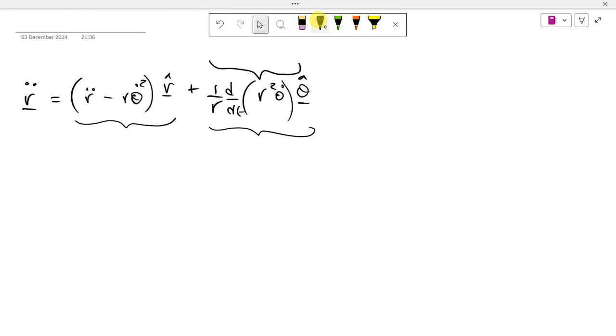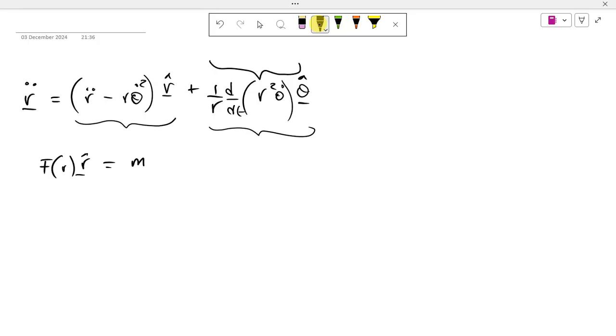Yeah, so we know that this is the radial acceleration. So the radial force F of R, R hat, is equal to m.